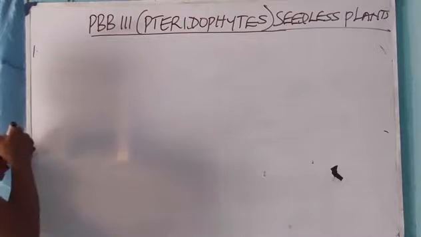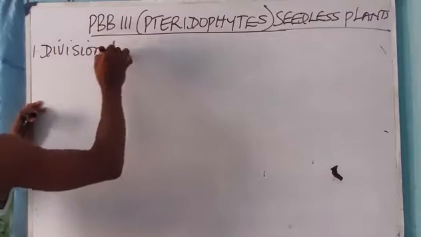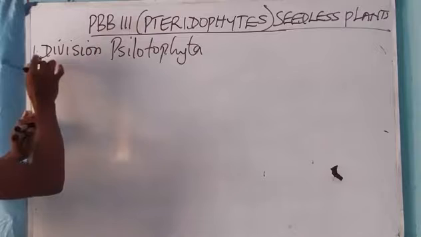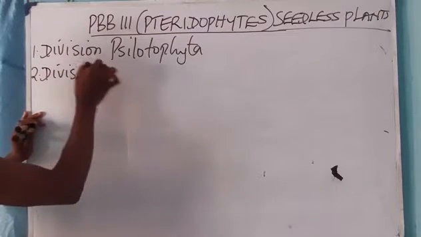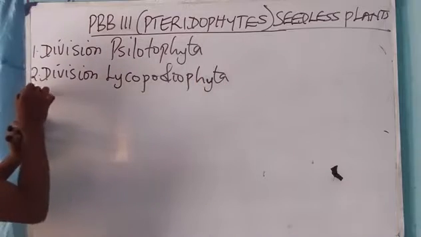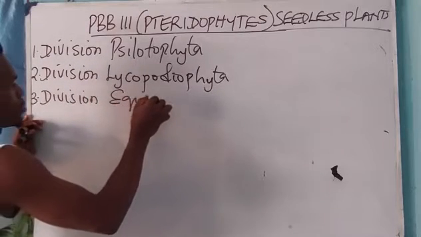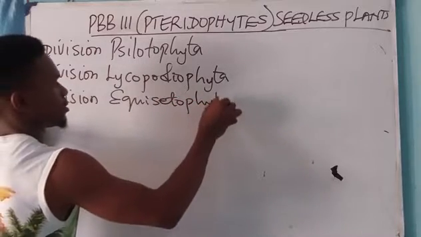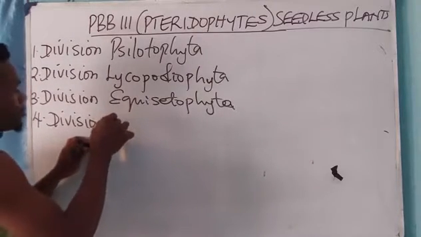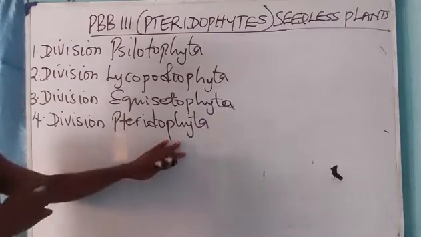We have division Coelophyta, division Lycopodiophyta, division Equisetophyta, and division Pteridophyta. These are the different types of divisions.